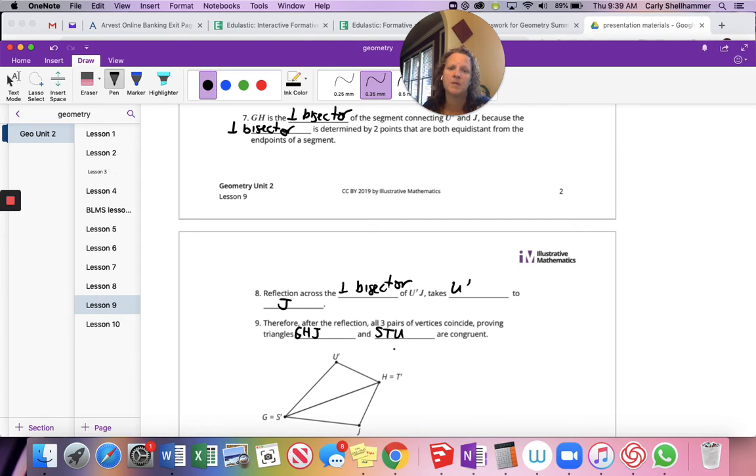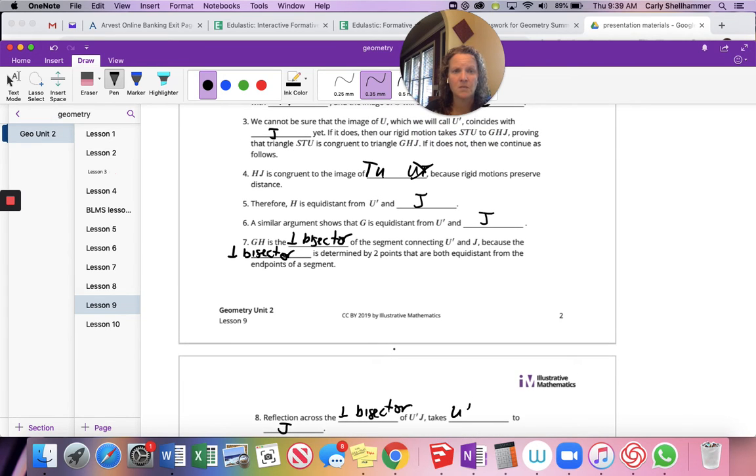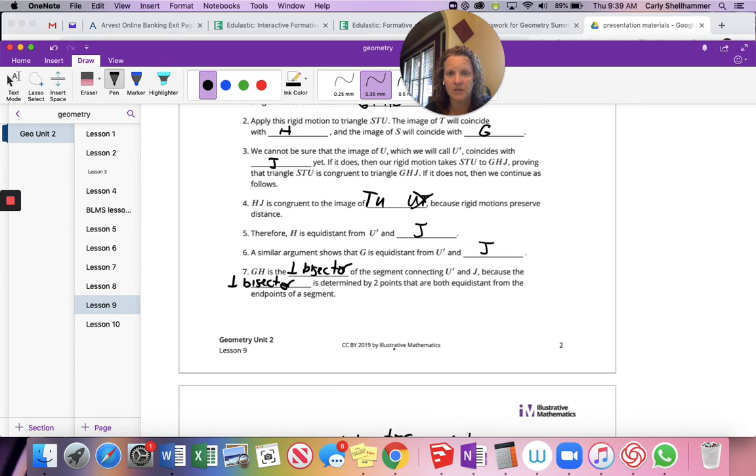Okay, pause for a second. Here we talked about perpendicular bisectors, and when I first went through my rigid transformations, I didn't use a perpendicular bisector. So let's see if we can do it again using a perpendicular bisector.